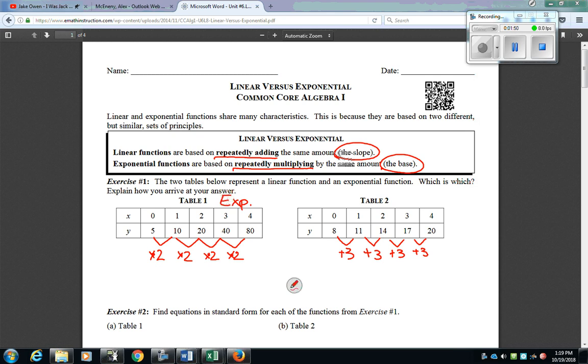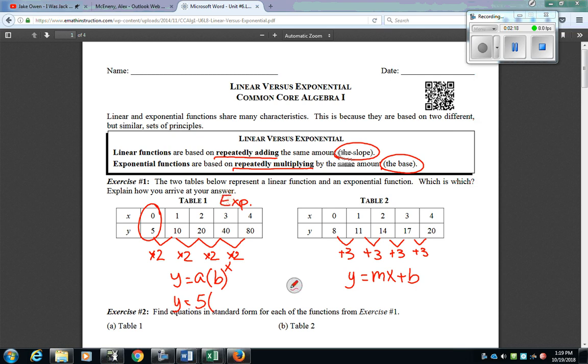So for exercise 2, they want us to find equations in standard form. So for the exponential one, we're going to use this form, where we got a, our base value, or multiplying factor, and x is our exponent. And for this one, we're going to use mx plus b for our slope and y-intercept. So for the first one, I see that the y-intercept is 0, 5. So I know 5 is going to go first.